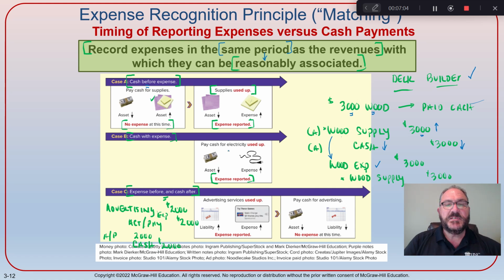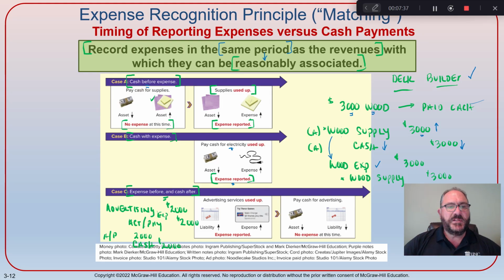Cash with the expense: you pay cash when the electricity is used, you pay right then. And then it says expense before and cash after, okay? Let me give you an example. You wind up signing a contract for some type of advertising, and then as it's used up, it becomes paid for.